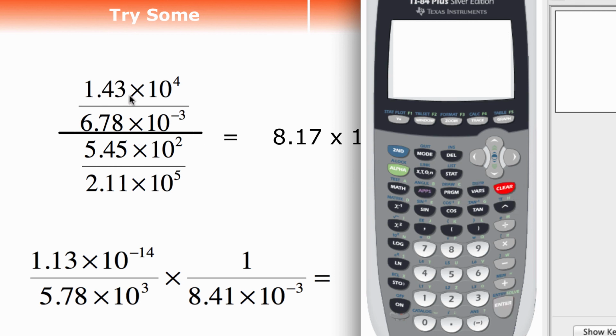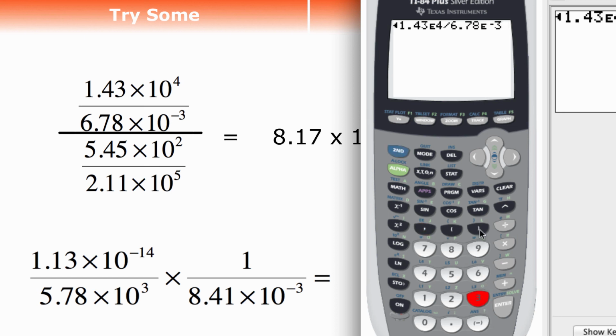So if I have a complex fraction like this, I'd probably put that in brackets. So I'd probably put a bracket first and then go 1.43 times 10 to the 4 divided by 6.78 times 10 to the minus 3.